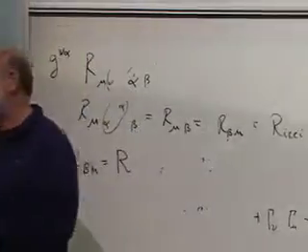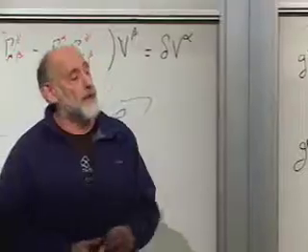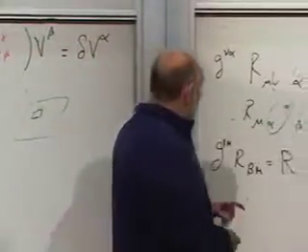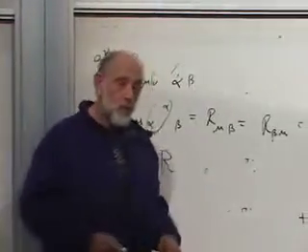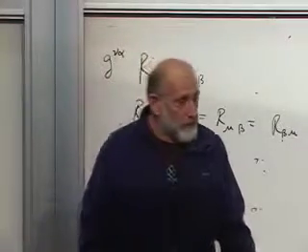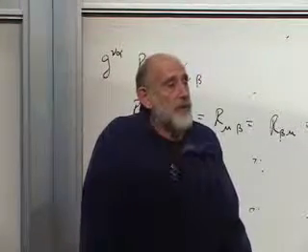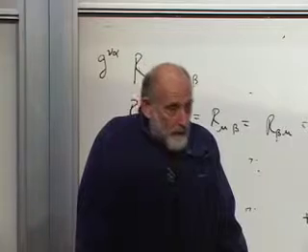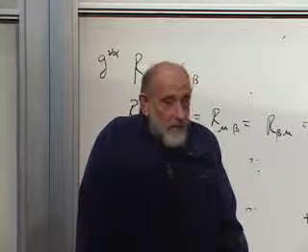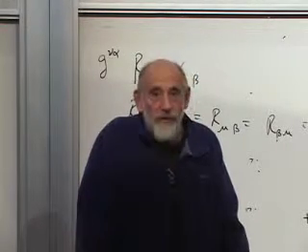So the vanishing of the curvature scalar is necessary for a space to be flat, but it's not sufficient, and when I say vanishing, I mean vanishing everywhere.